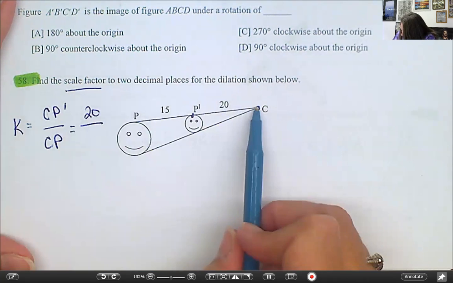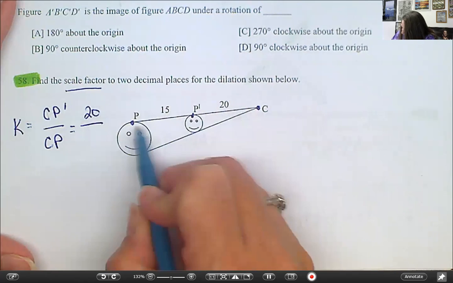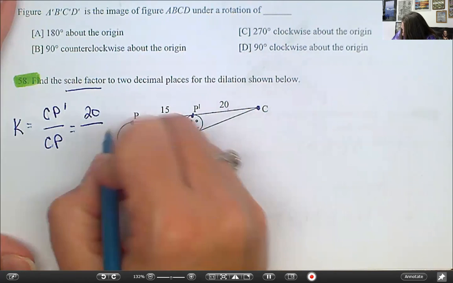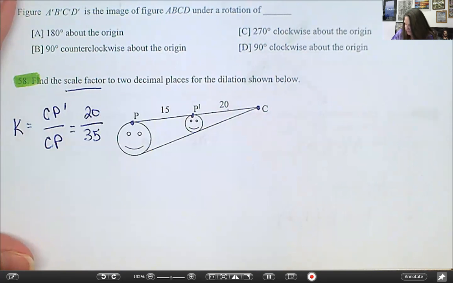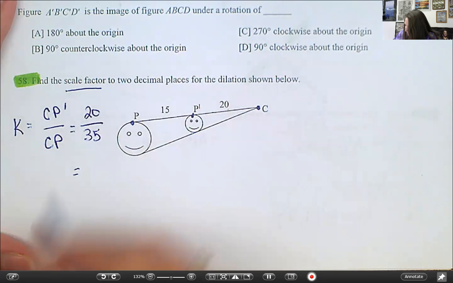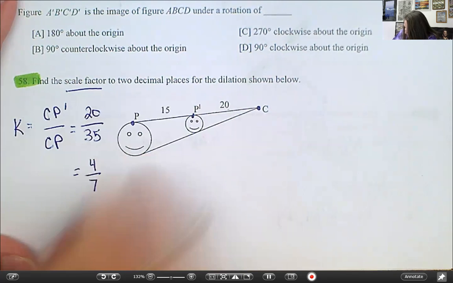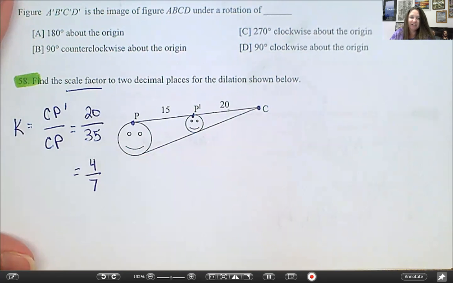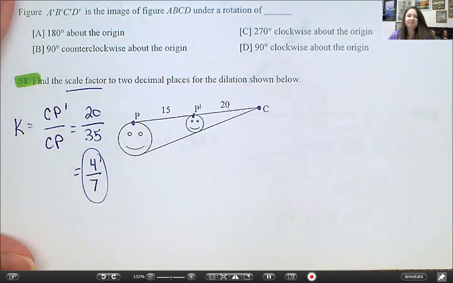And then the center to the pre-image, make sure you're looking at this entire distance. So segment addition here tells me that that distance is 35. And then that's a fraction that can be reduced. So those both divide by 5, so then that would reduce to 4/7 for that scale factor. And we use that variable k for scale factor.